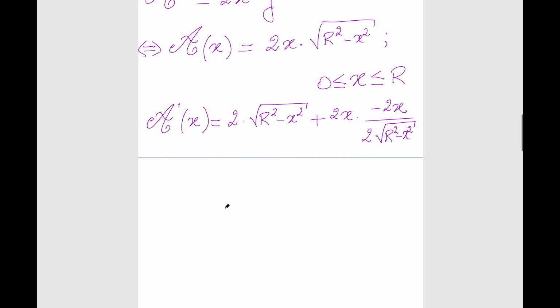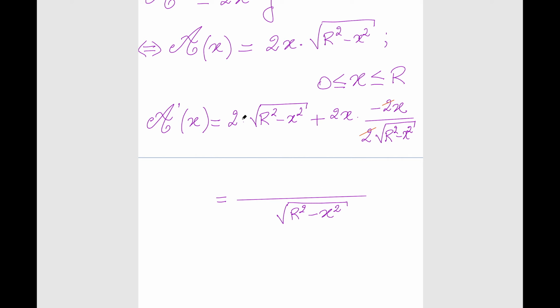All right, so we get this. Let's make the same denominator. By the way, this 2 and this 2 can cancel each other, so let's cancel them before we make the same denominator. We don't need that 2 to be part of the denominator, and what I get is a denominator of square root of r squared minus x squared.